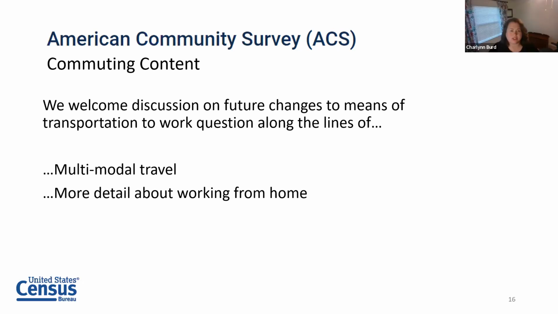Looks like there was a question from Catherine. Is there any discussion of adding electric vehicles as an option, whether car or bike, for example? And yes, thinking ahead towards the future. Currently, we're testing an electric vehicle question. I believe it's out in the field, in the field test portion.